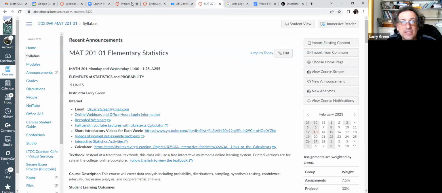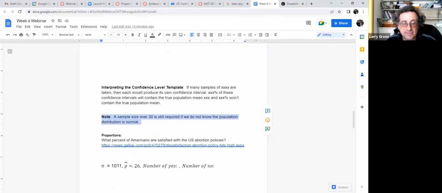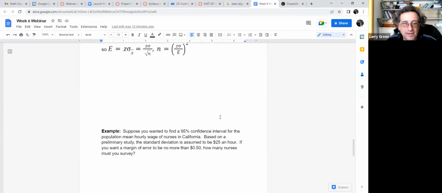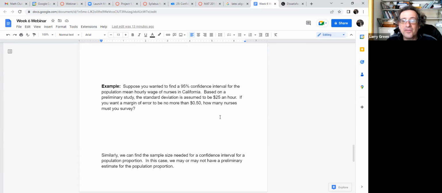Okay, so now let's go to the next type of example. Let's suppose you wanted to find a 95% confidence interval for the population mean hourly wage of nurses in California. Maybe you want to be a nurse, or maybe you're an HR director of a hospital and you want to find out how much to pay the nurses.